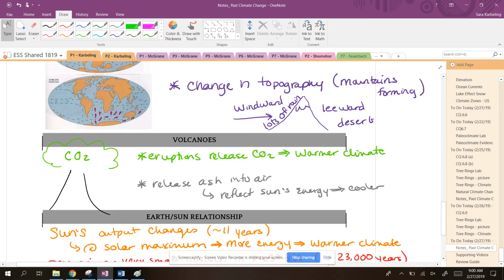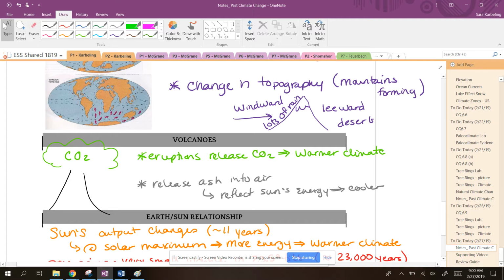Because of the winds, they got ash from the Mount St. Helens volcano in Europe. Dang. So it traveled all the way across Canada, all the way across the Atlantic Ocean, like tons of ash.